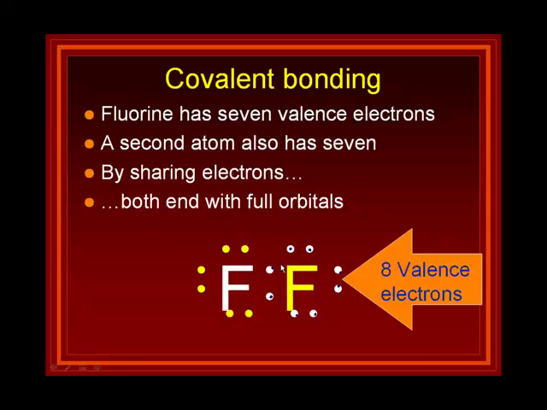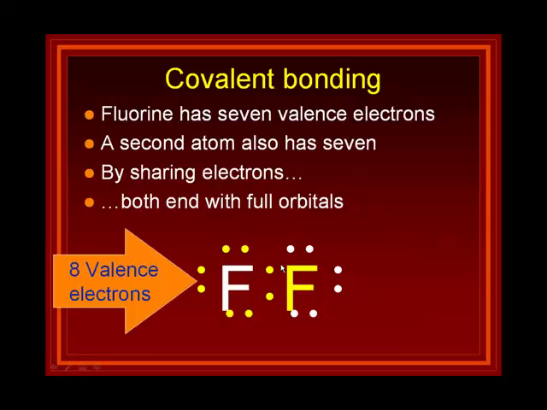And then on the left, this fluorine also has 8 valence electrons. 2, 4, 6, and then 8. These electrons get to be counted twice. The one fluorine had 1 valence electron there, the other one had another valence electron in the same region, and so they got to share those two in the middle.